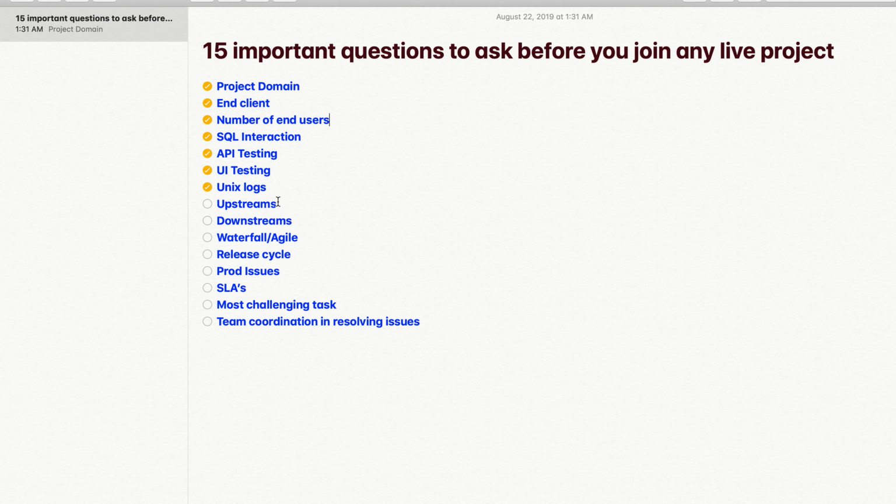So you can frame your answer based on that and get knowledge of your application or the project. And next comes the downstreams. Downstreams is again, in the case of Unix logs, we talked about some system X picking the files that you tested from the FTP location, right? In that case, system X is your downstream.